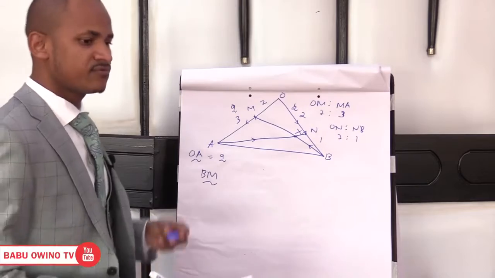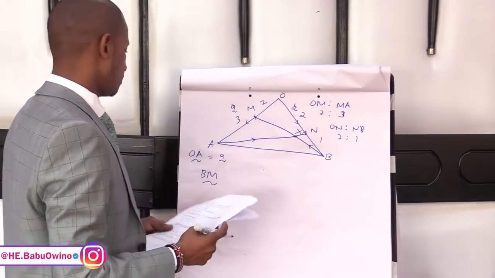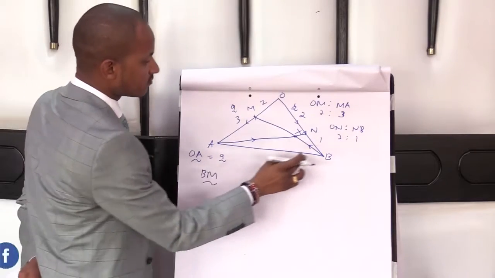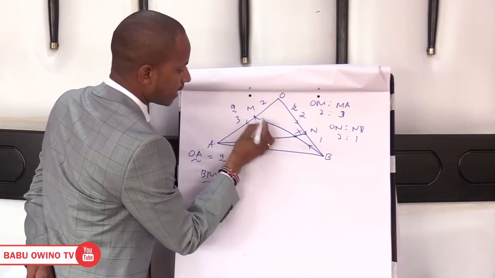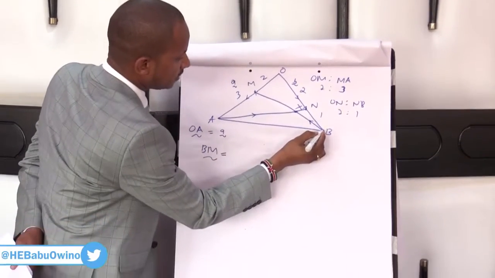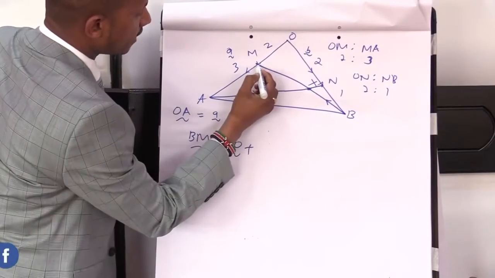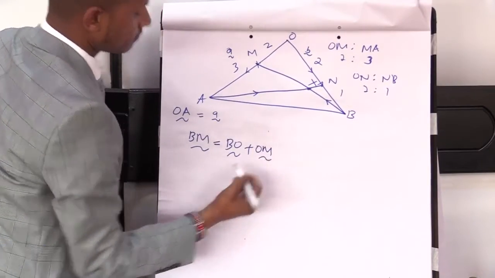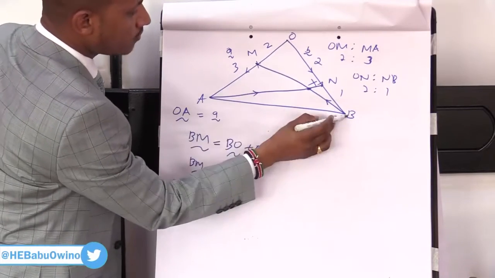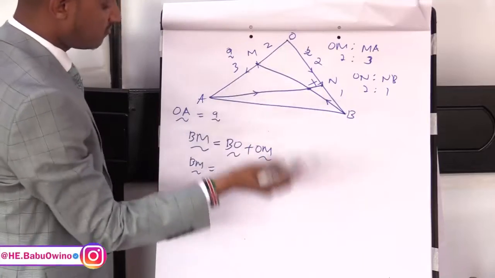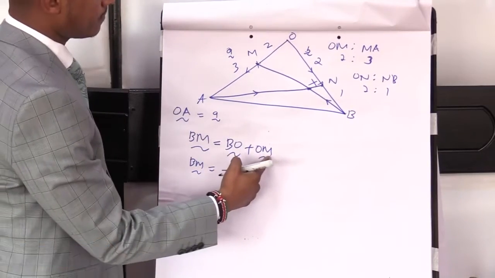So don't panic, class. When you see such a question, just follow the instructions. Just move as the question demands. So they want BM. So how do you move from B to M? When you want to move from B to M, you can move from B to O, then move from O to M. So BM equals B to O, O to B is B. B to O, you are moving the reverse, which is negative B, plus OM.